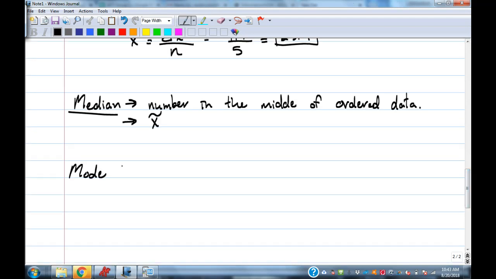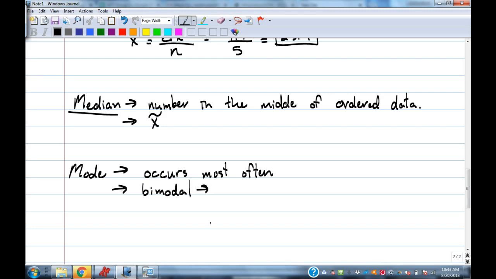Mode. Y'all remember what a mode is? What is it? Okay. Occurs most. When you're dealing with data sets, either from samples or populations, you can have a bimodal set.